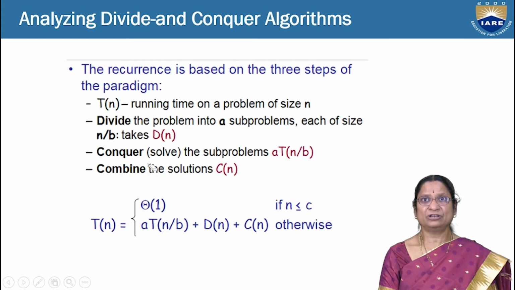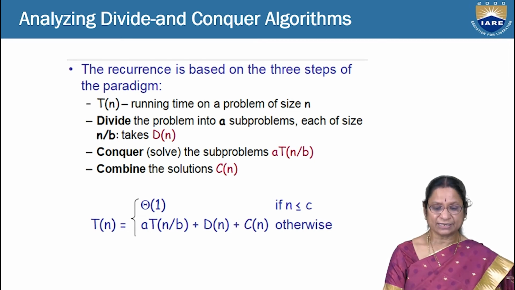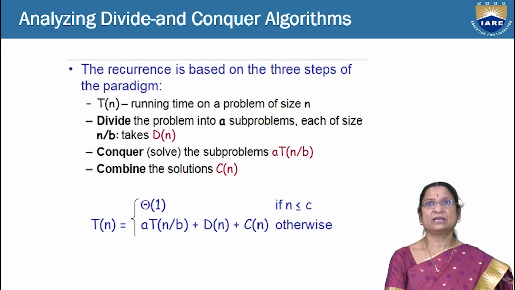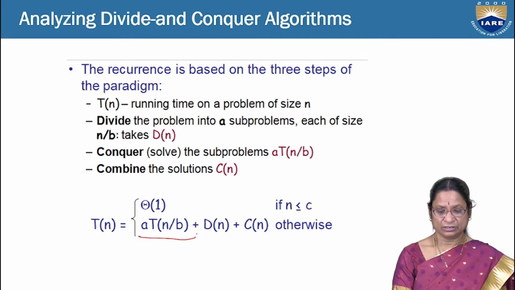But the total sorting depends upon the recursive process, so we have to consider recursion. Let us see how to generate a recurrence relation from the recursive process of a divide and conquer algorithm. T of n is the running time for problem size n. Divide the problem into a subproblems, so a of T of n will be there, but each subproblem has size n by b, so each takes time T of n by b.